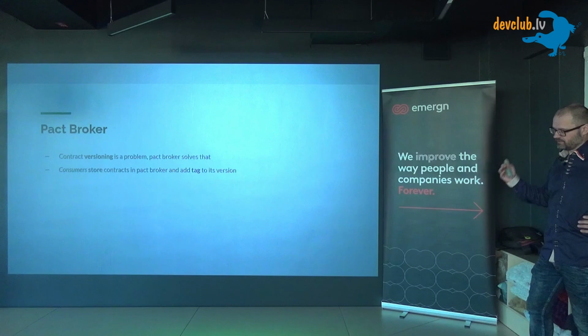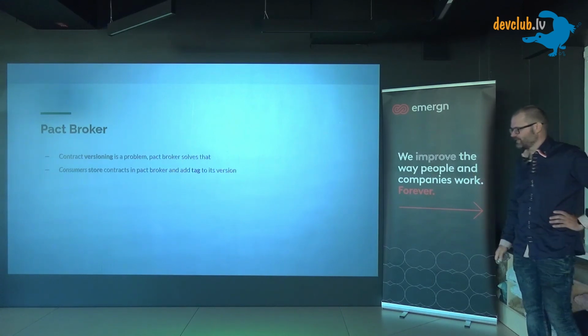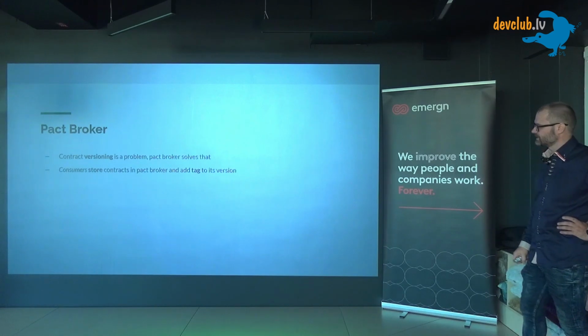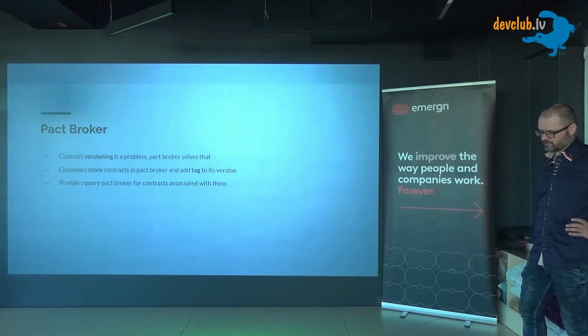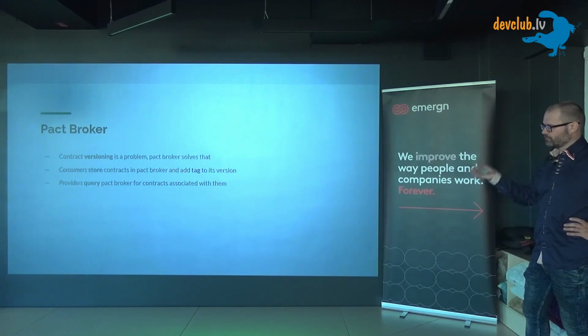They can add tags to their versions, and that's one of the important features of the Pact Broker, that the versions can be tagged. Then providers can query Pact Broker for contracts, so they don't have to look into the folder. They can just ask Pact Broker for the contracts, and the Pact Broker will send the contracts to the provider.